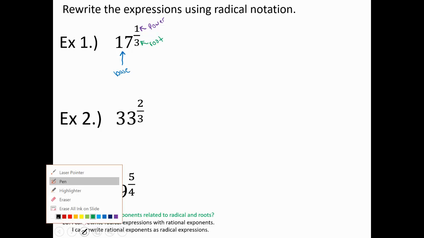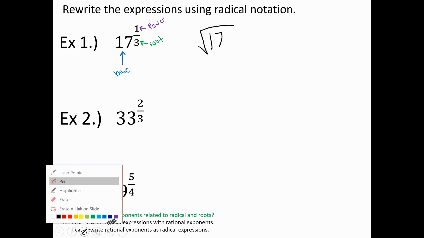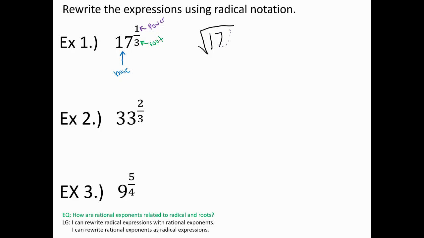All right, I'm going to show you both ways of writing it. Either way is correct. I'm going to start with my base, that's a 17. Then we do our radical, and you put the power on that base.